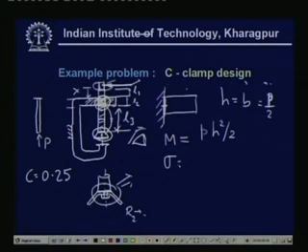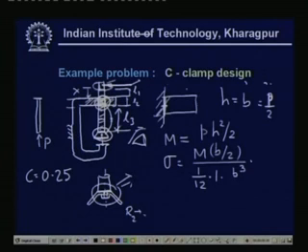Therefore, the bending stress is M, and here the maximum bending stress will be at B by 2, divided by I, which is equal to 1 upon 12 times B cube. So, this is the formula for getting the bending stress.